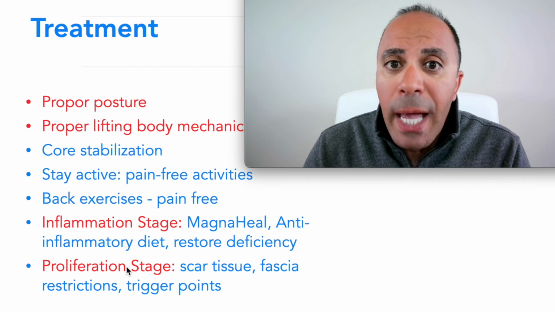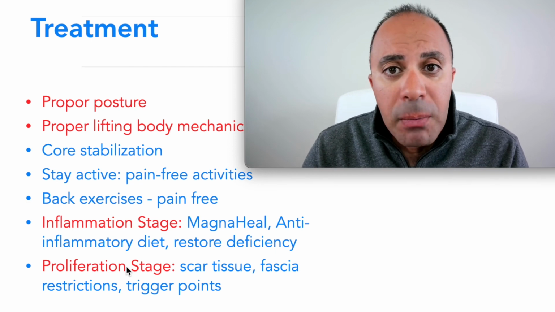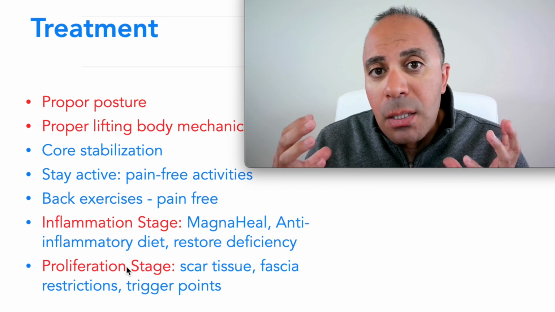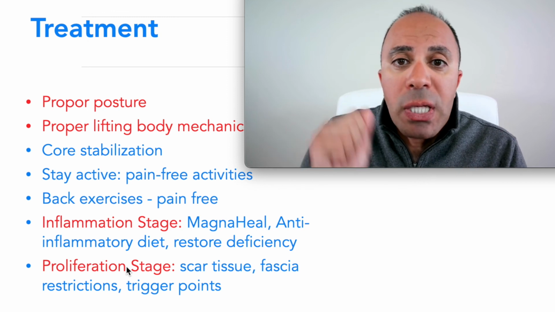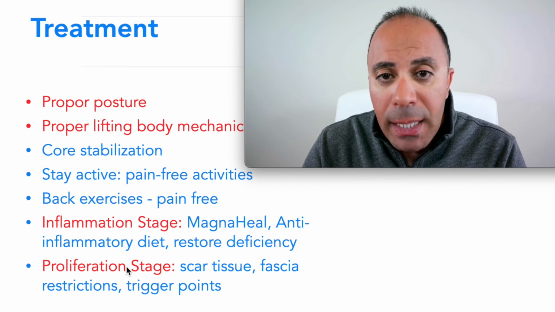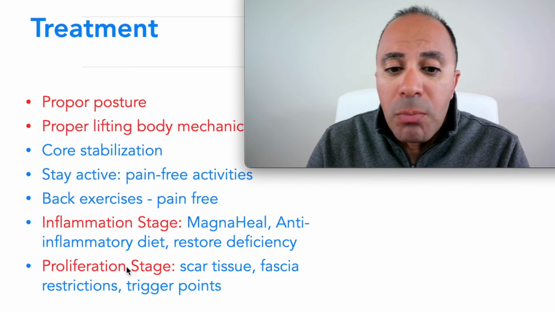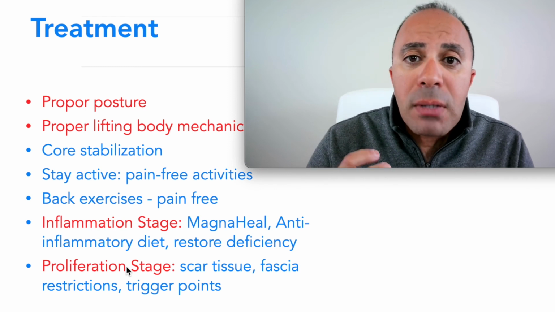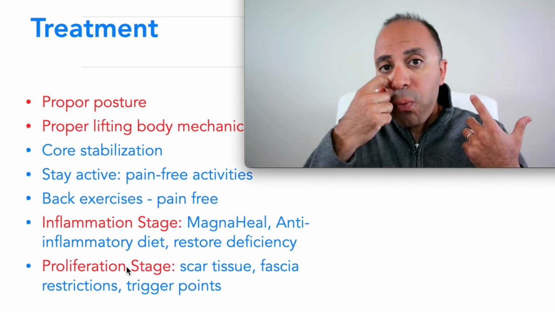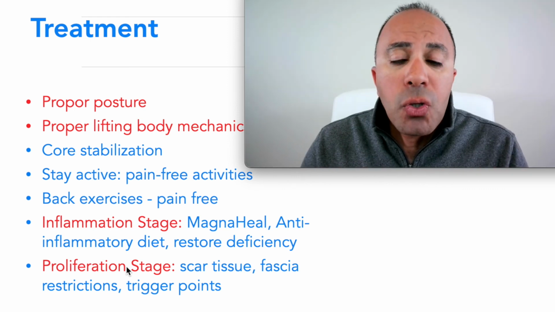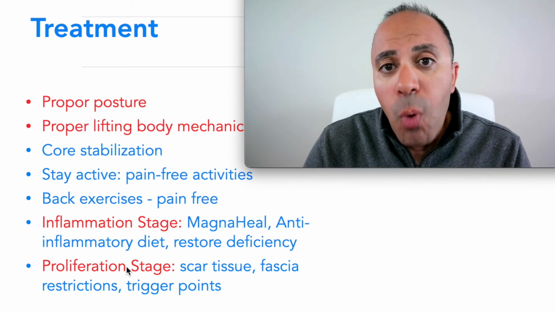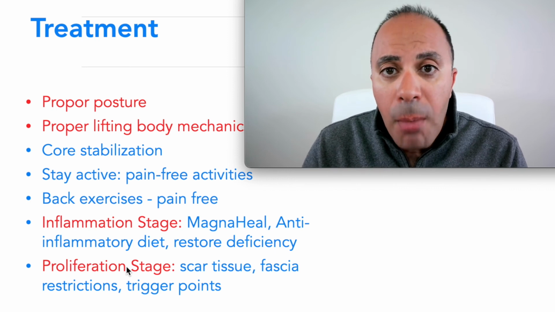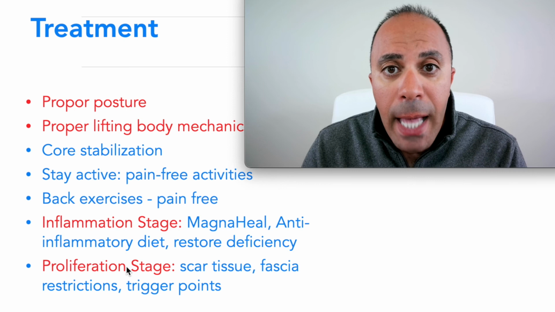But before I do that, we have to work on inflammation, decrease internal inflammation, and start with the anti-inflammatory diet and release all the tightness in the back. Before doing core stabilization, before doing pain-free exercises, we have to do the release and decrease the inflammation. So when you do the exercises, it's easy for you to do them and not cause more pain. And that basically summarizes how to treat lumbar radiculopathy properly at home.